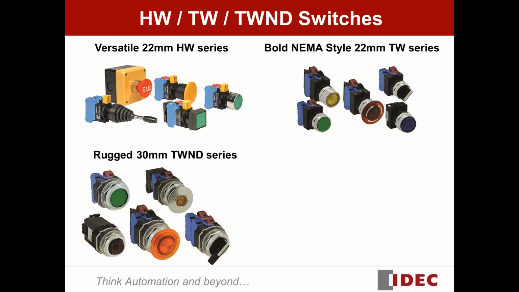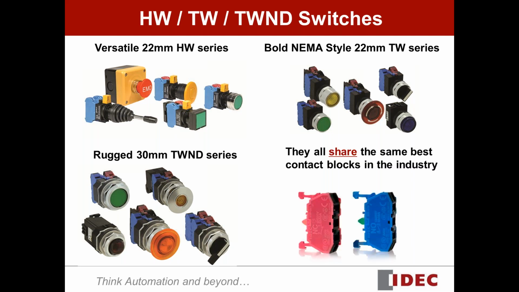Among these three industrial switches, one thing is very important. They share the common contact block, the HW UF contact block. It steps onto three different operators from these three different series of switches. So you don't need to purchase and shelve different contact blocks.